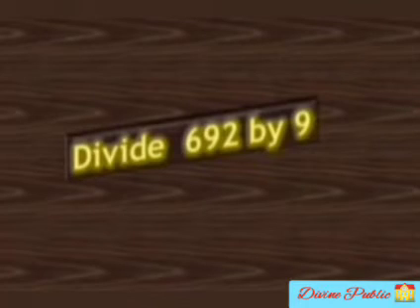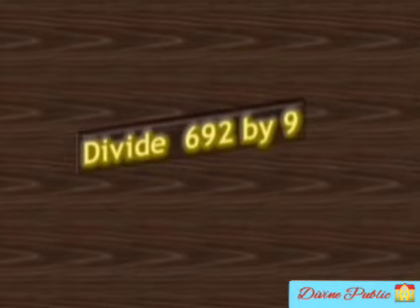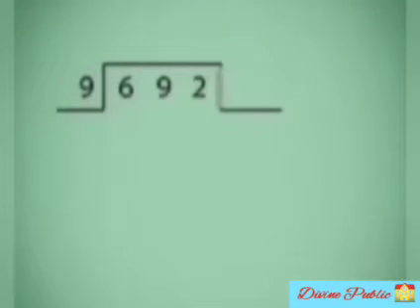Now see the examples based on division. Divide 692 by 9. In this example, 6 is less than the divisor 9. So we take hundreds and tens place together. Now 69 is the dividend.